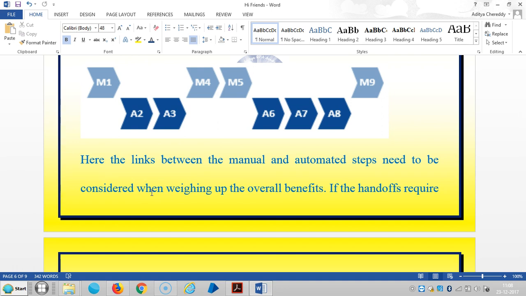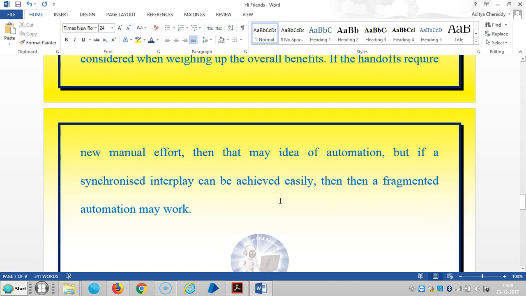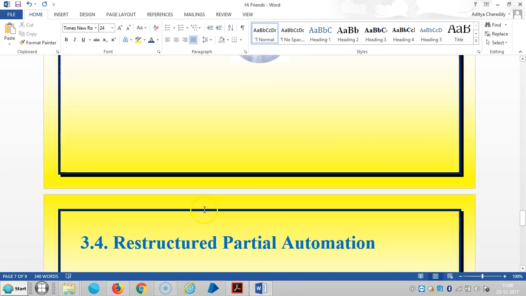If the handoffs require new manual effort, then it may not be a good idea for automation, but if a synchronized interplay can be achieved easily, then the fragmented automation may work.